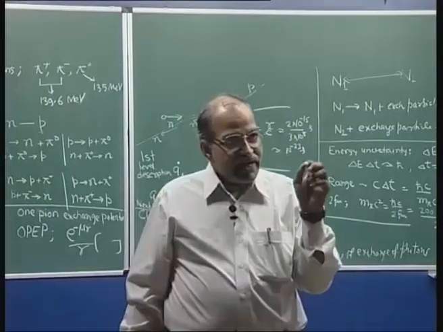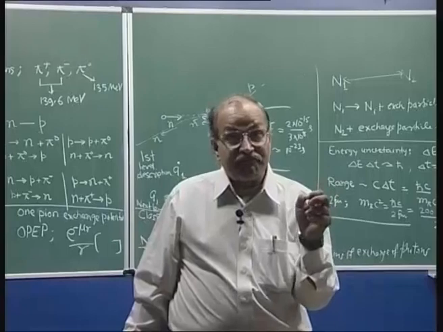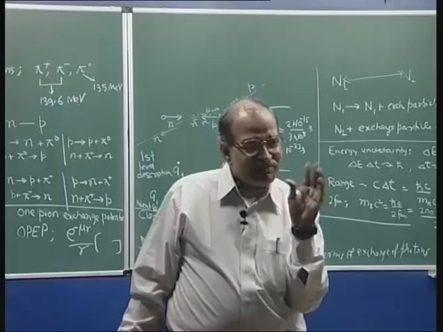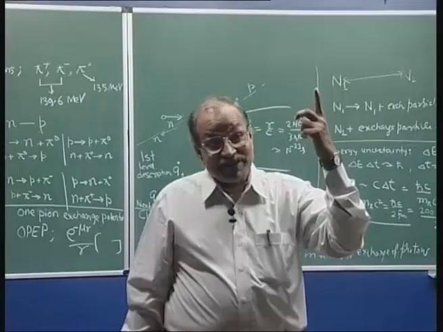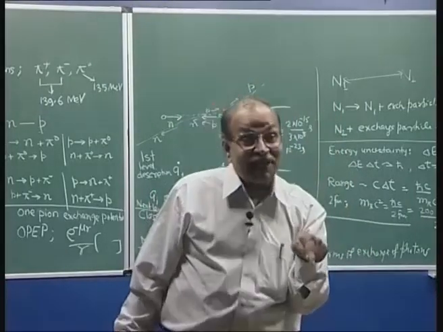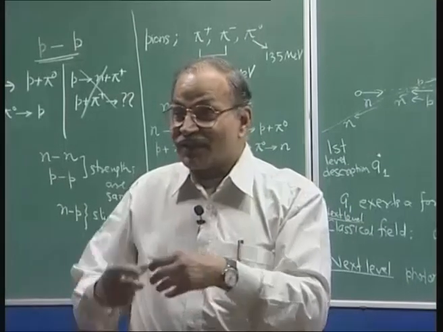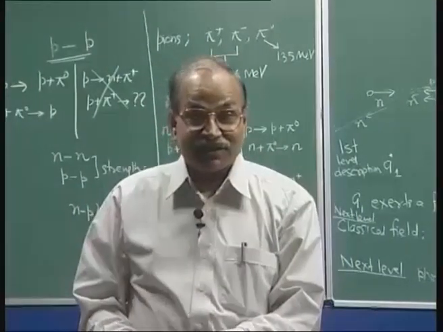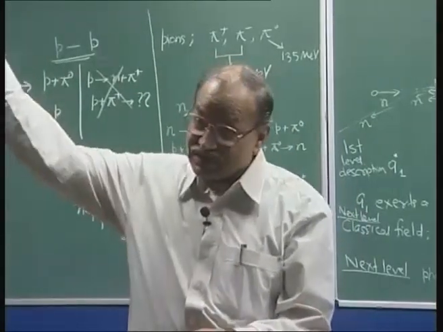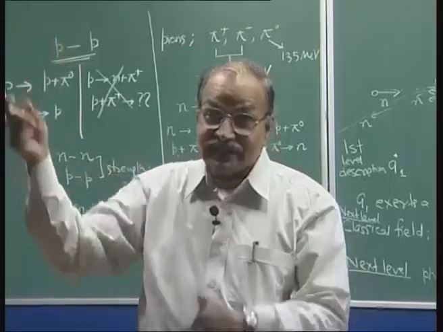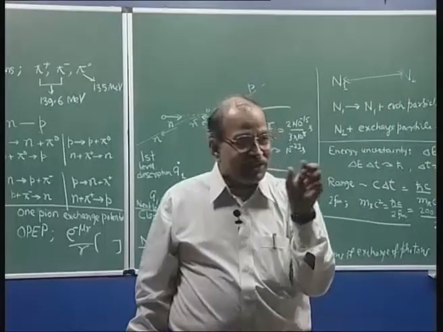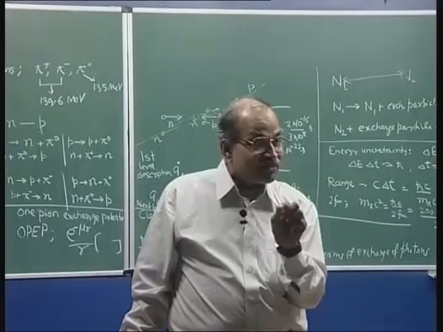But if you are looking at interactions at much smaller separations, say 0.5 or 0.4 femtometers, other mesons or exchange particles with much higher energies can come into the picture. Pions are not the only exchange particles, you have omega meson and many other particles with higher energies. Since they have higher energies, that energy violation is larger, and therefore the range c delta t that they can cover is smaller.